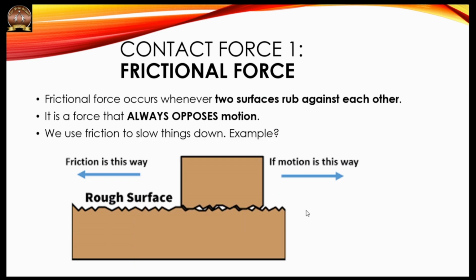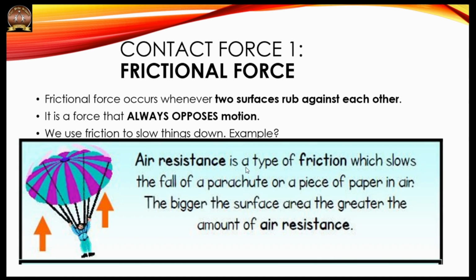Friction also appears in two other forms. Air resistance is a type of friction which slows the fall of a parachute or a piece of paper in air. The bigger the surface area, the greater the amount of air resistance.